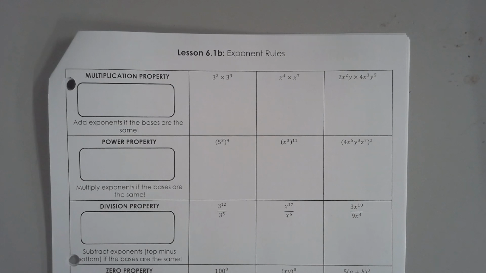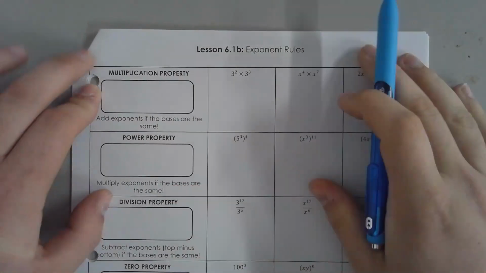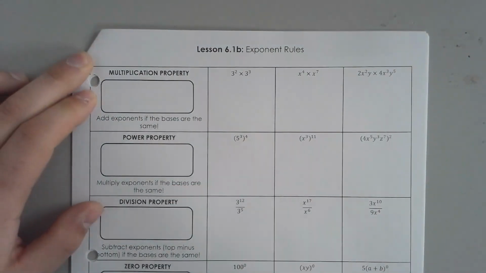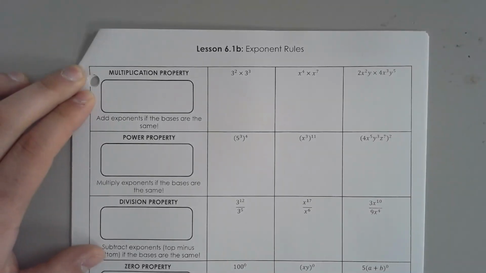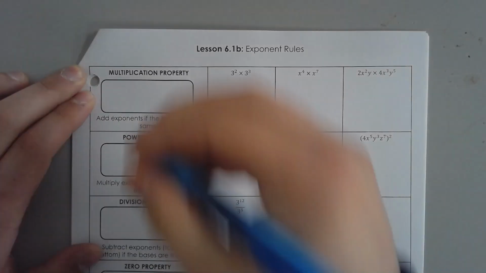Properties or rules we're going to talk about. First one is the multiplication property. So don't freak out, but there's about to be several letters in here.